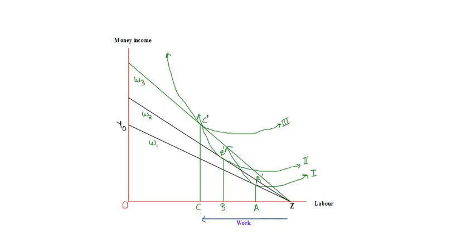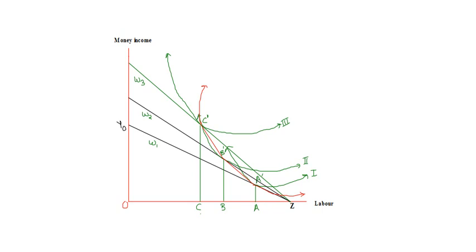An important point to note in this diagram is that by deriving these points of tangency A dash, B dash and C dash, we can use these points to derive the supply curve. How can you derive the supply curve on the basis of these tangency points? We just need to draw a curve passing through all these points of tangency.